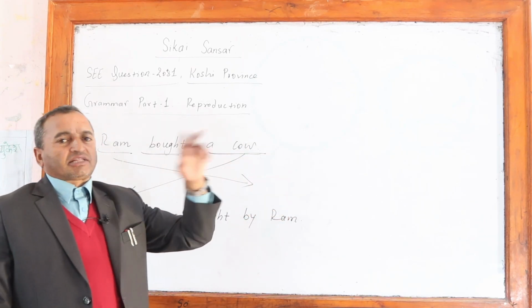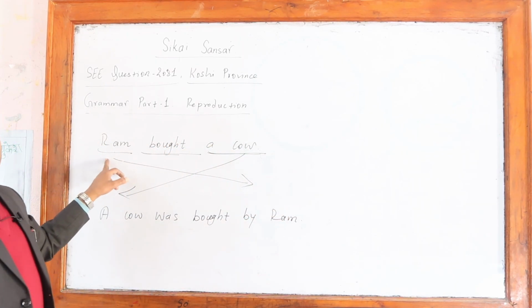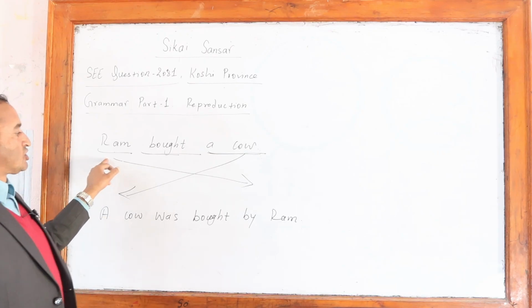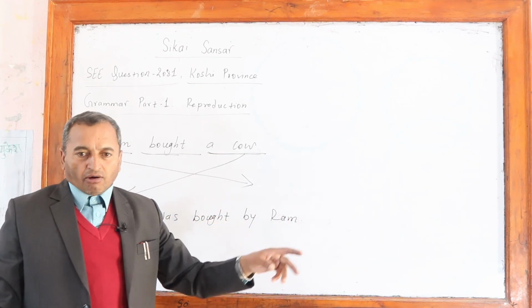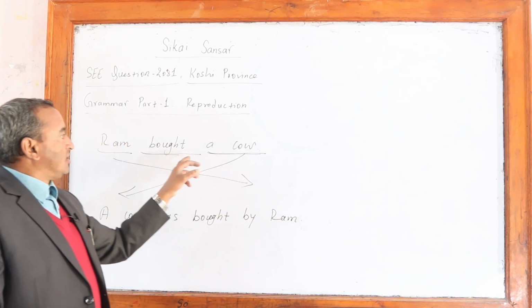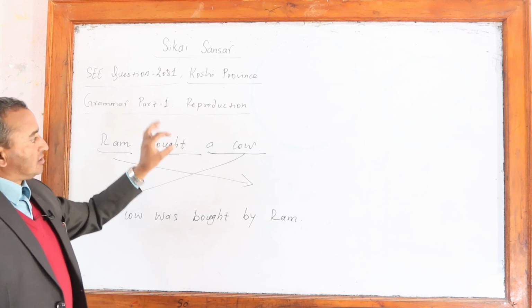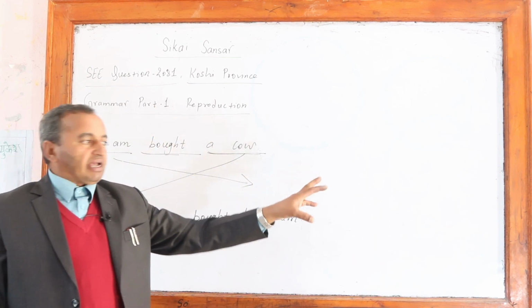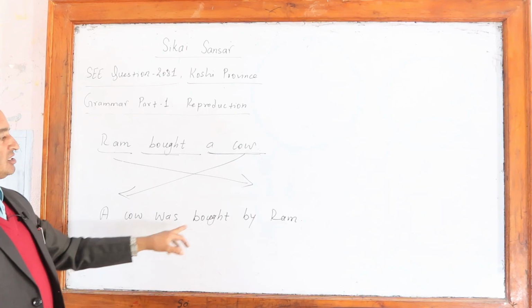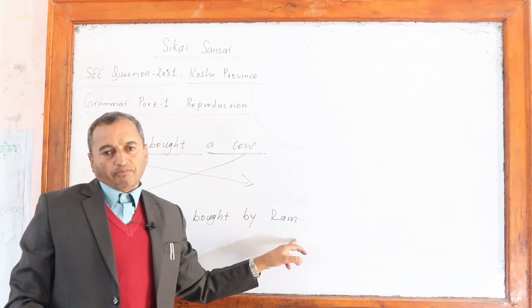By whom? Who did the job? Ram. It is the definite, the fixed subject. So, by Ram. Now we have changed that simple past tense sentence into passive: a cow was bought by Ram.